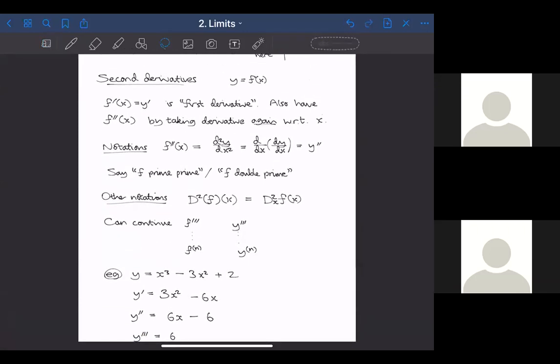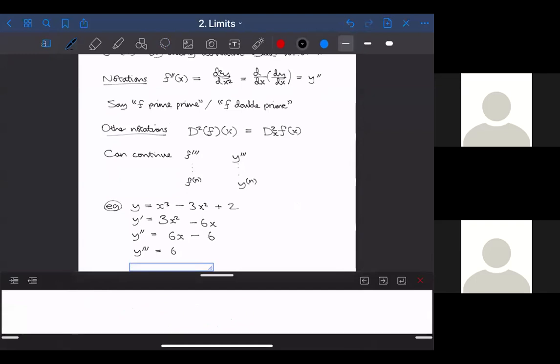And finally, the fourth derivative of y is 0.